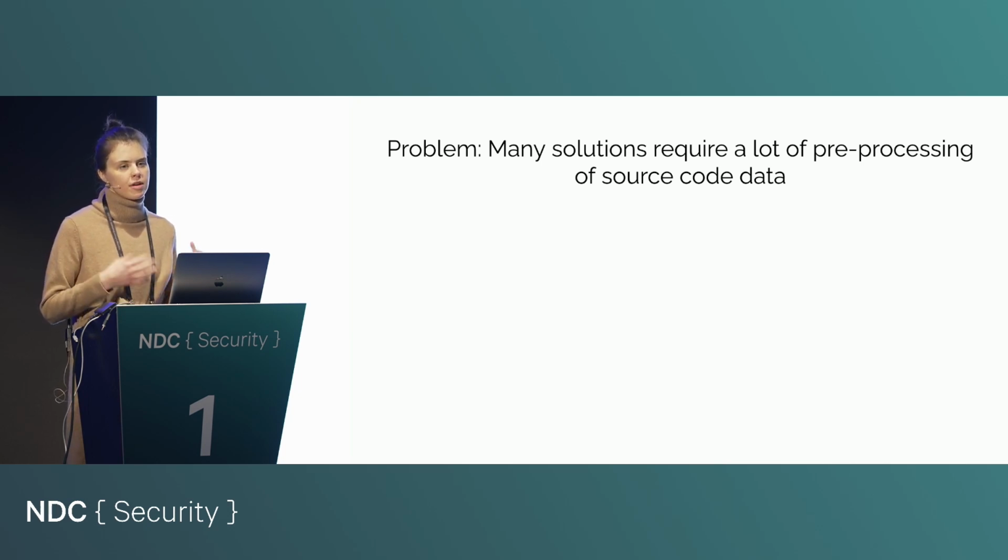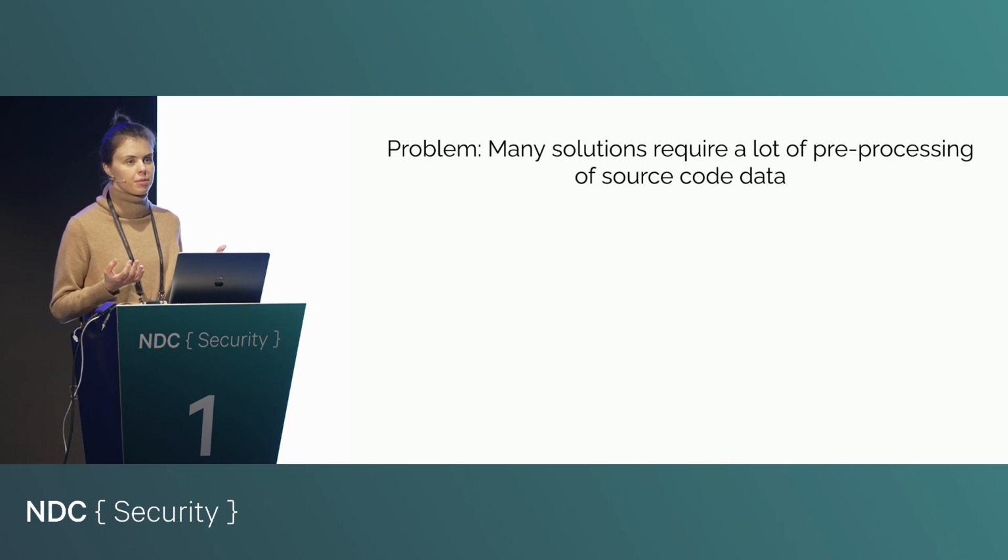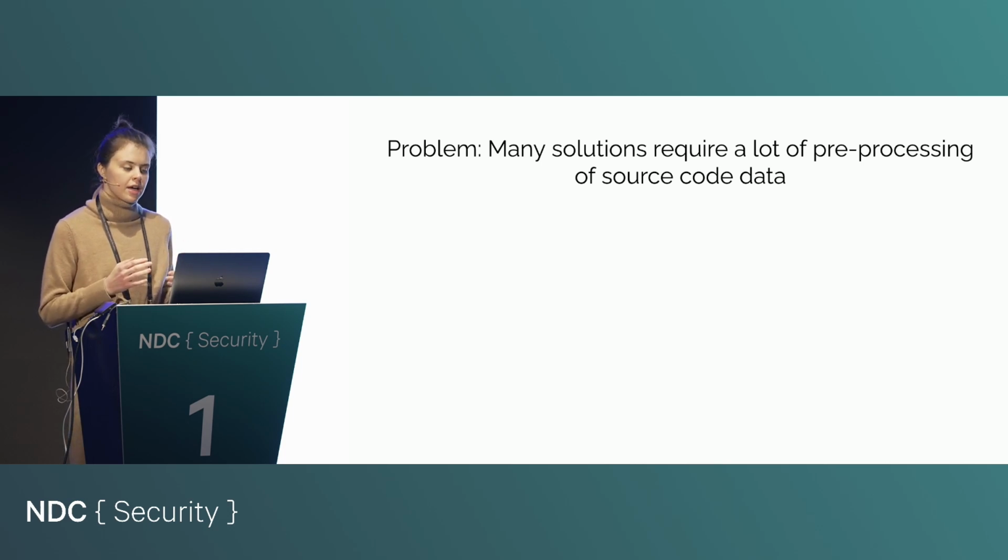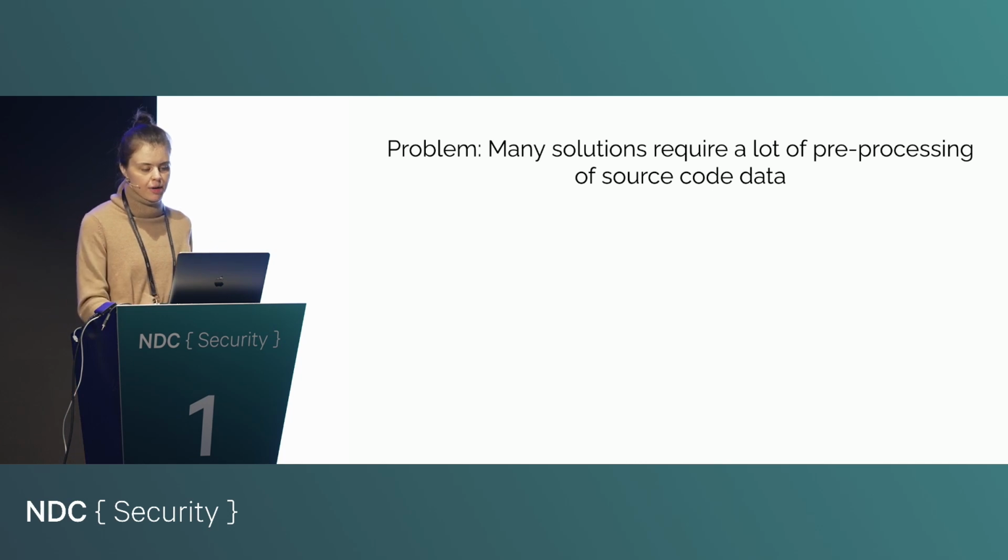So if you remember, if we want to try and construct a decompiler, what we really need is a collection of a lot of source code function snippets and their corresponding assembly snippets. And ideally, you wouldn't have to do a lot of pre-processing, but most of these papers achieved good results by pre-processing the source code data. For example, by generating abstract syntax trees, by doing other pre-processing steps.